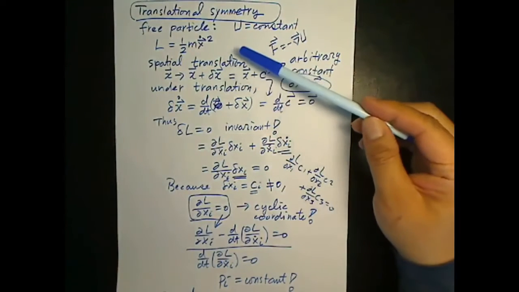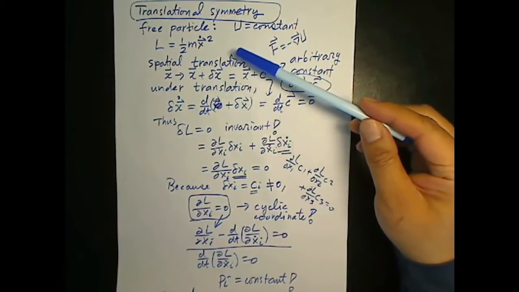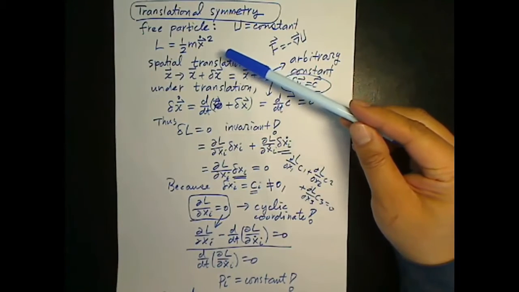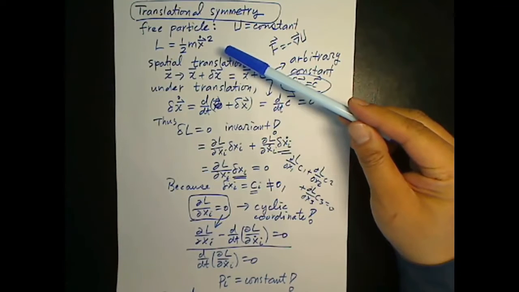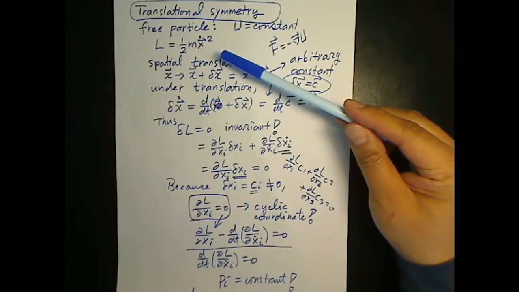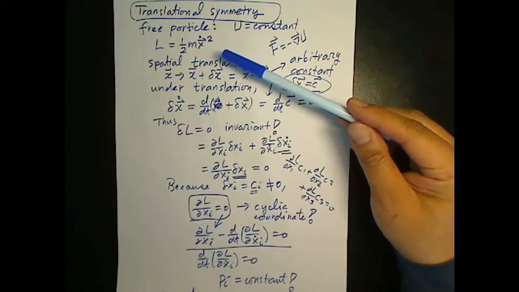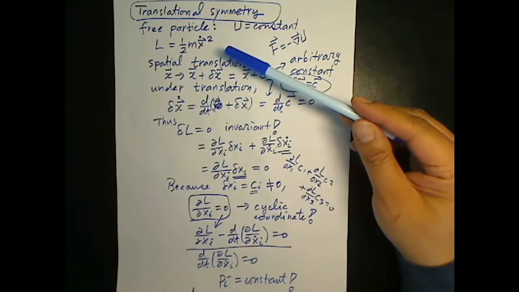So we simply write the Lagrangian of a free particle to be the kinetic energy only. As I told you, the Lagrangian must be expressed in terms of velocity, instead of p squared over 2m, which is the form of the kinetic energy for Hamiltonian mechanics.